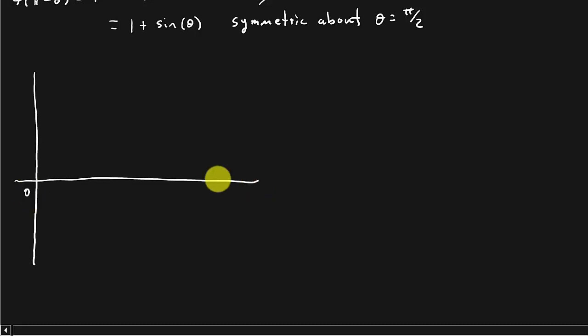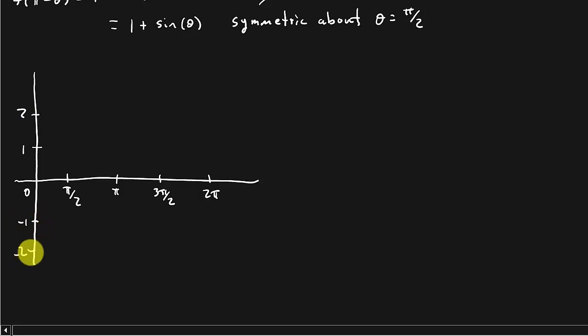And so there's 0. There's 2 pi. So there's pi. There's 3 pi over 2. And there's pi over 2. There's 1, 2. And then down here I've got -1, -2.